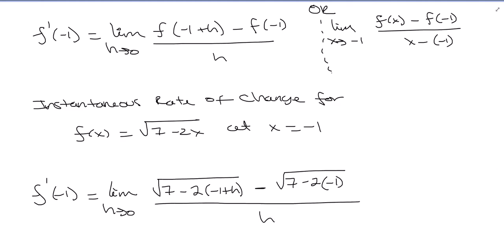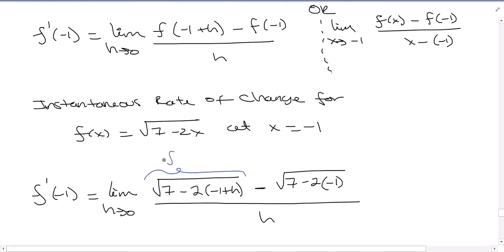So let me just make a note here: this is my f of a plus h, so f of -1 plus h, and this is my f of a, f of -1, using this definition.